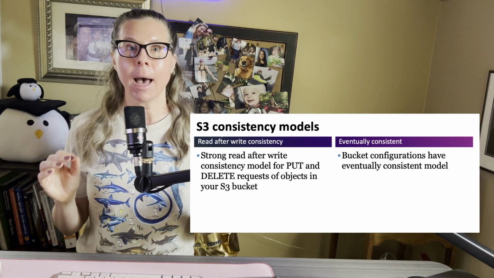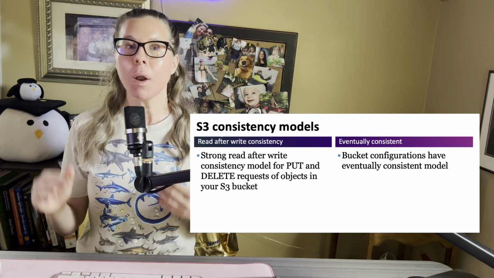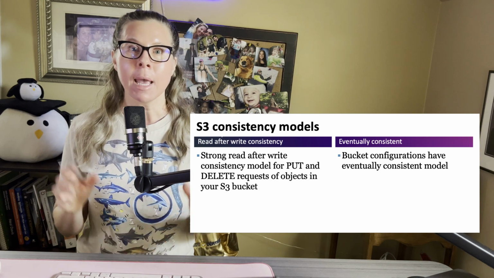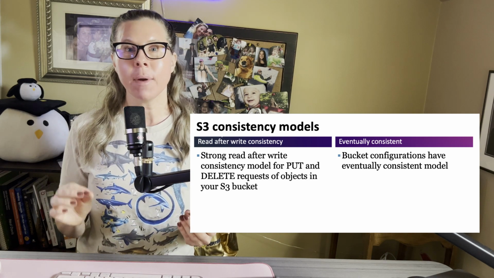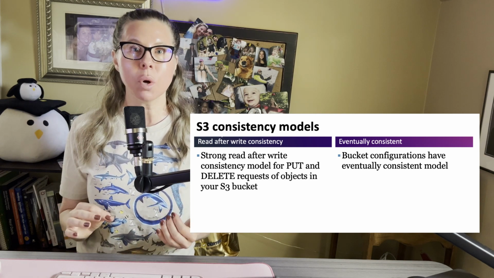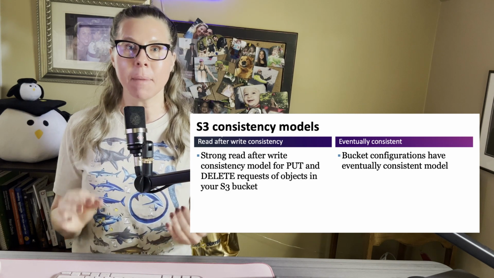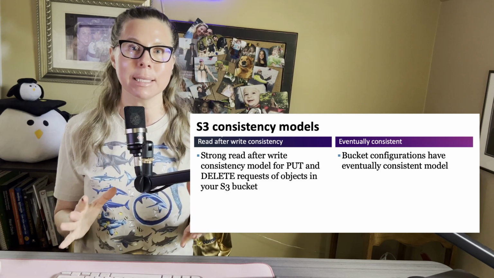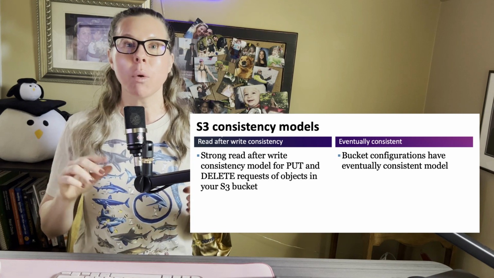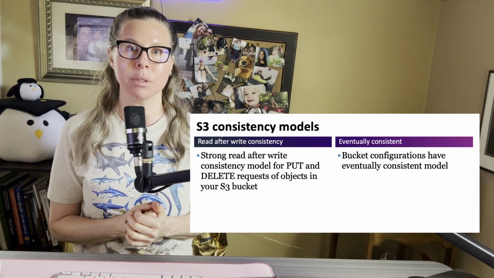This behavior applies to both writes to new objects as well as put requests that overwrite existing objects and delete requests too. In addition, read operations on Amazon S3 Select, Amazon S3 Access Control Lists, and Amazon S3 Object Tags and object metadata are strongly consistent. Amazon S3 achieves high availability by replicating that data across multiple servers within the AWS data centers.